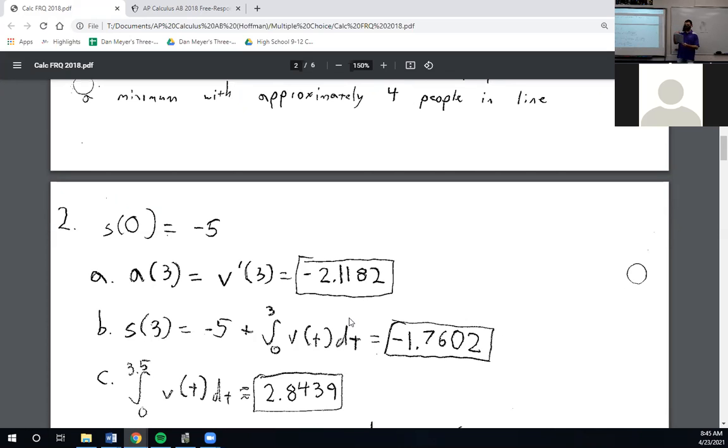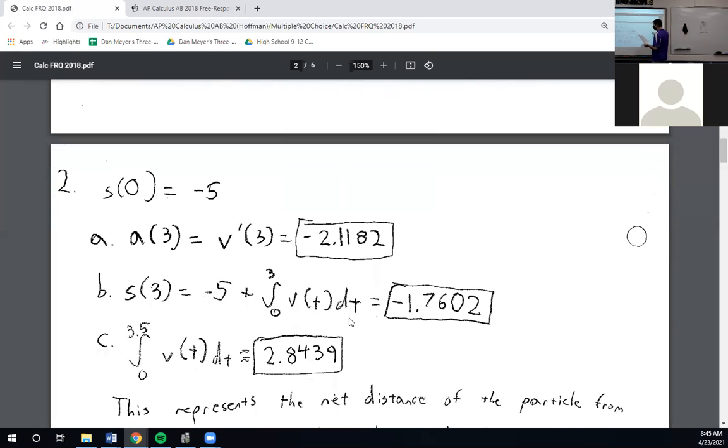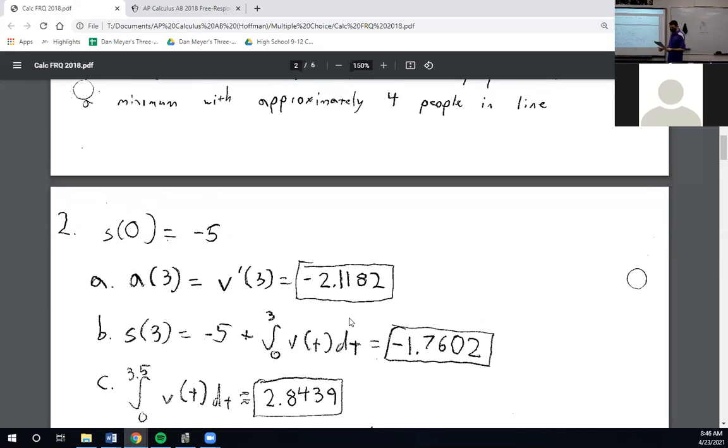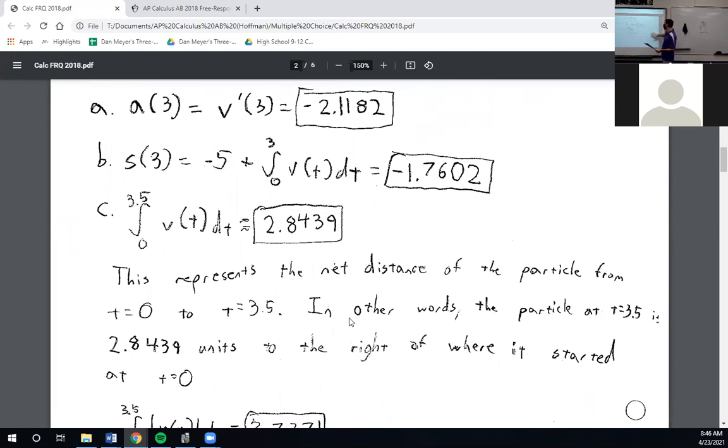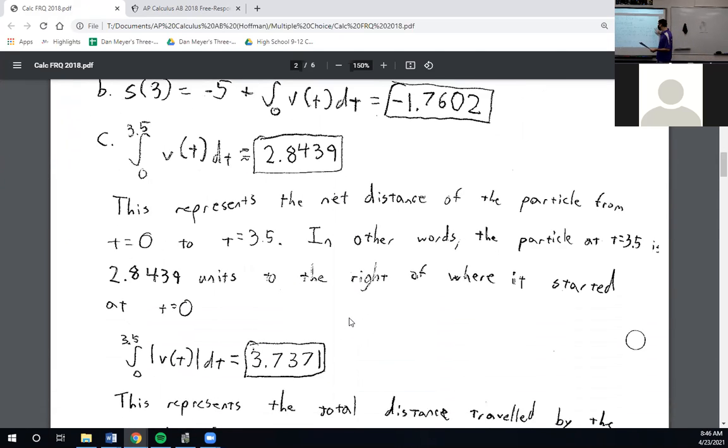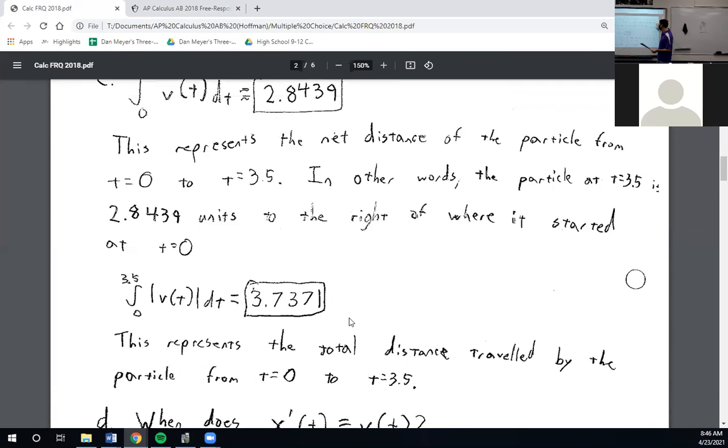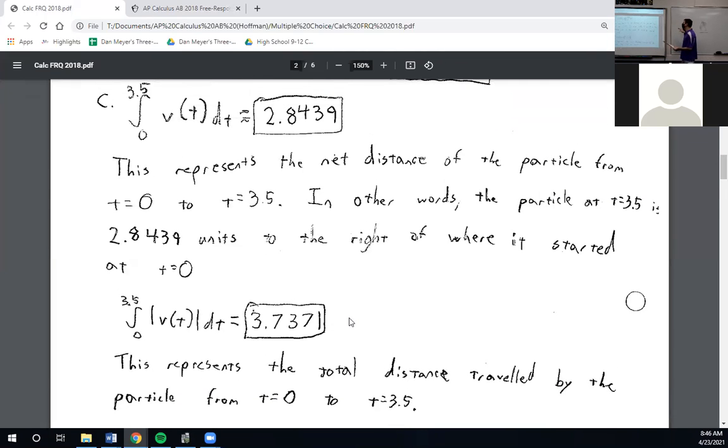That means to talk about the particle and give what the bounds are. You don't need quite this much, but you do need to say total distance traveled. You do need to talk about from 0 to 3.5. And if there were units, you should include units.